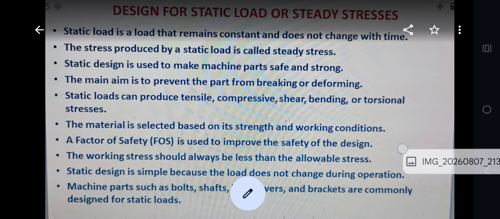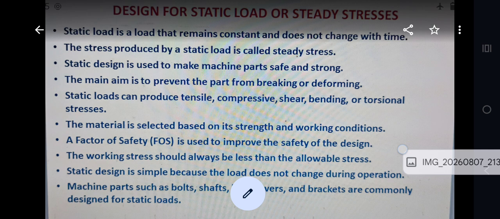What is meant by allowable stress? Now let us understand another important term, allowable stress. The working stress should always be less than the allowable stress.